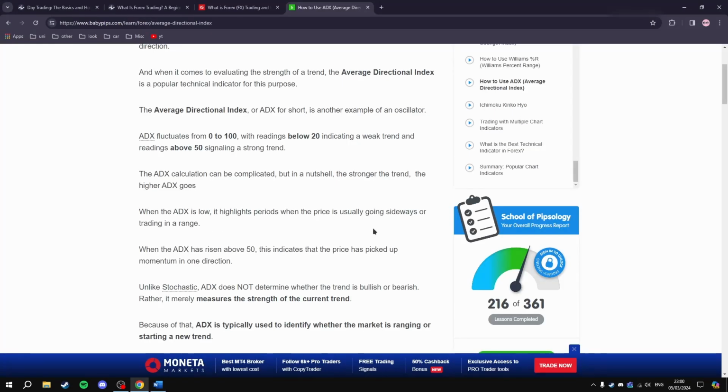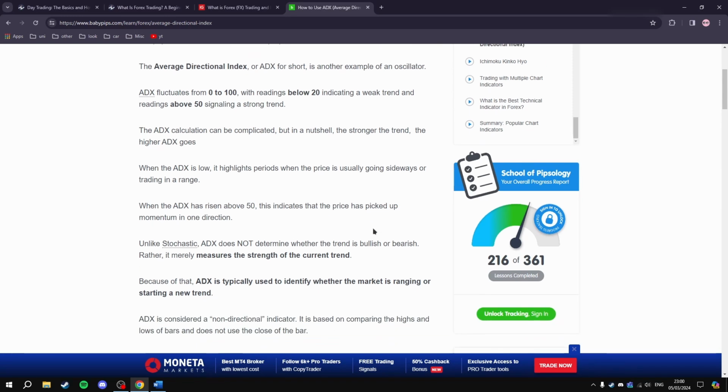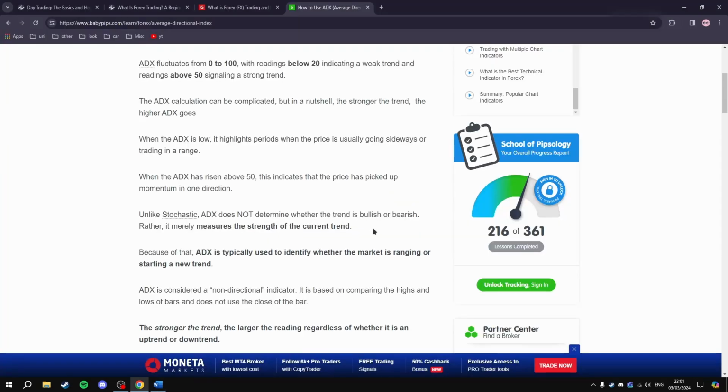The average directional index, or ADX for short, is another example of an oscillator. ADX fluctuates from 0 to 100. Average directional index uses 0 to 100, with readings below 20 signaling a weak trend.